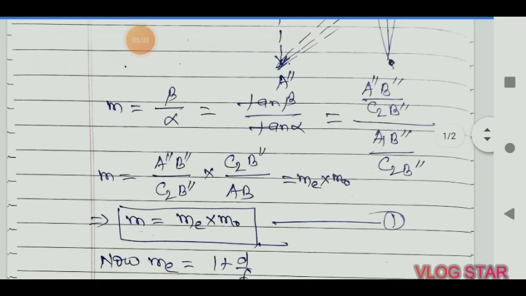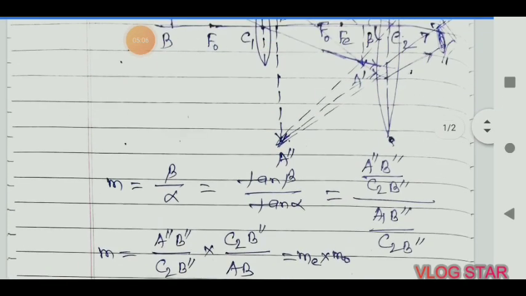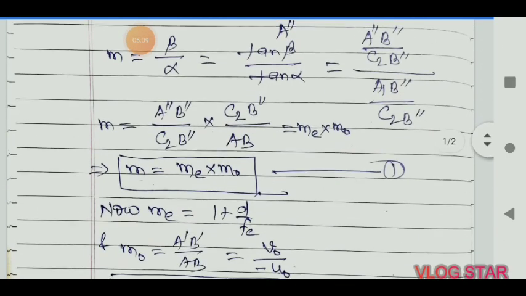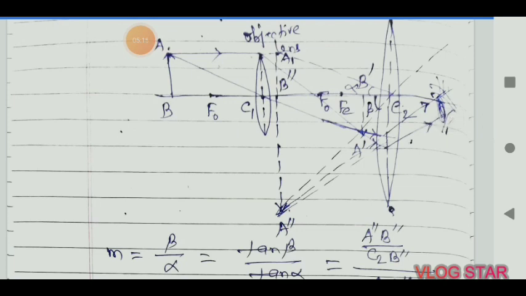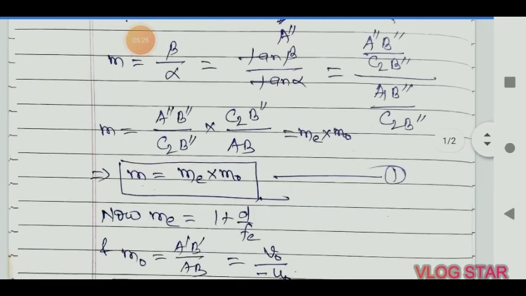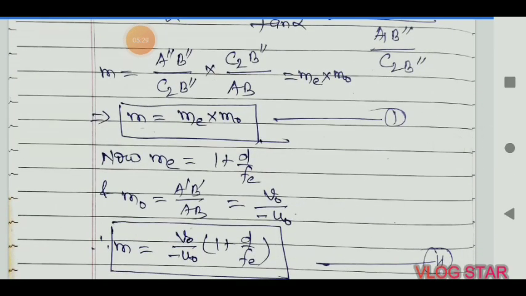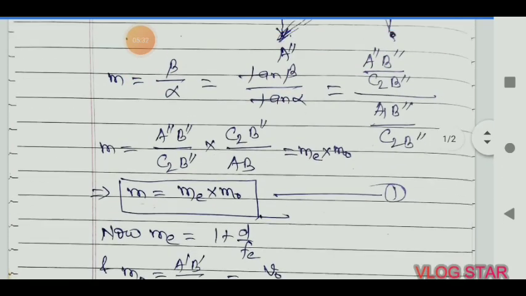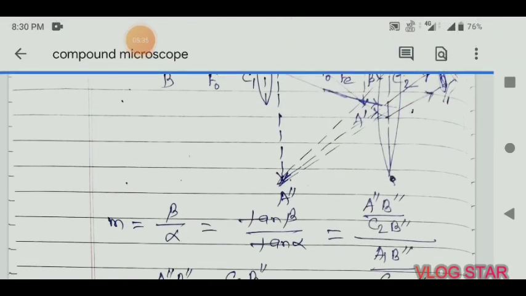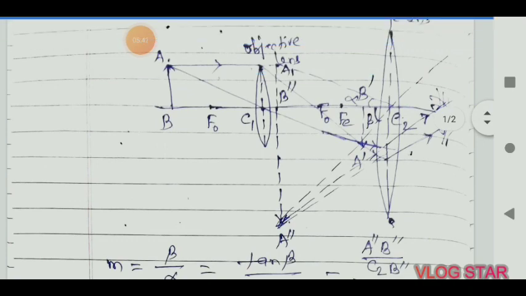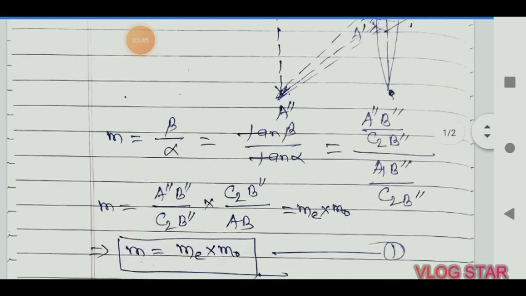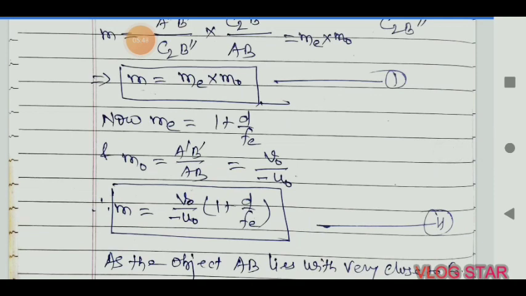Now you have earlier seen in the simple microscope that when a virtual image is formed at the least distance of distinct vision, A double dash B double dash, from the eye lens or eye, the magnification is equal to 1 plus D by F_E. And the magnification produced by the objective, that is the height of image to height of object, A dash B dash upon AB, is V_0 upon minus U_0.